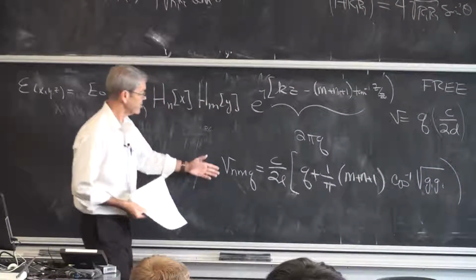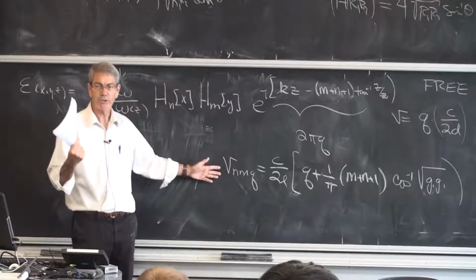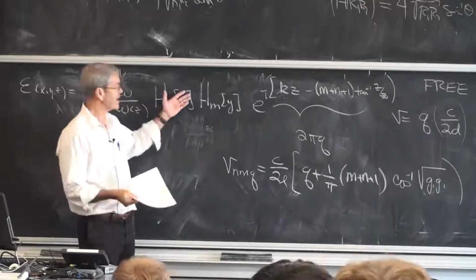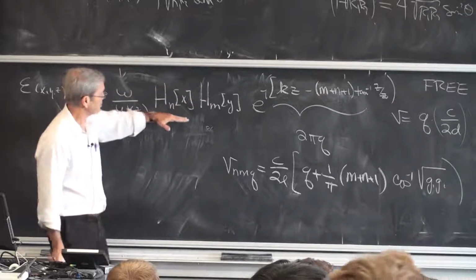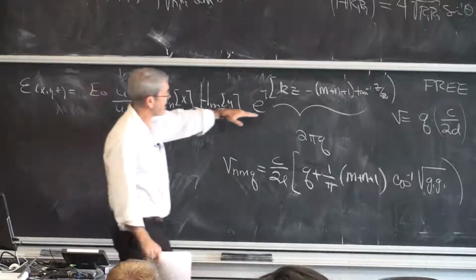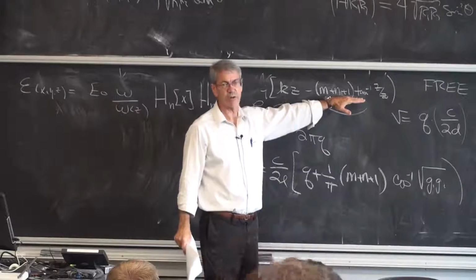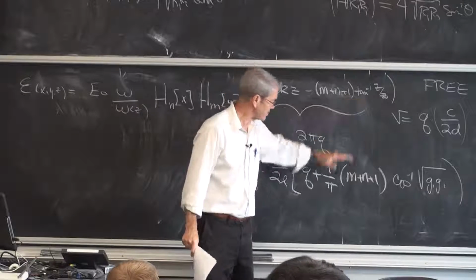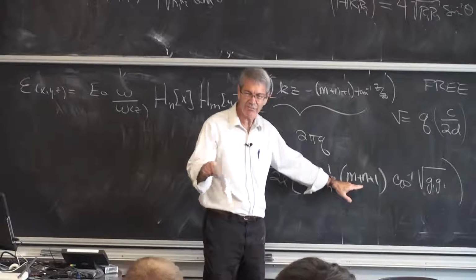So this is the actual frequency of every particular mode. There's nothing magic here. The only thing we did was modify the phase term in the solution for the Gaussian beam.